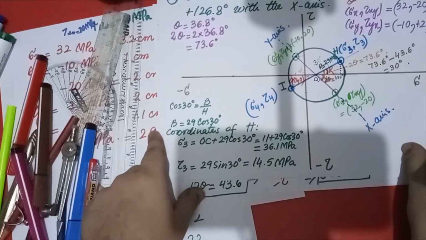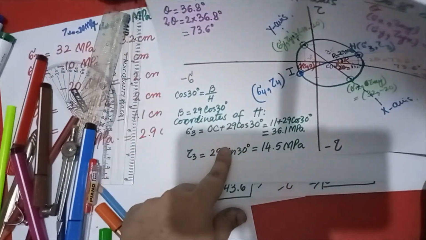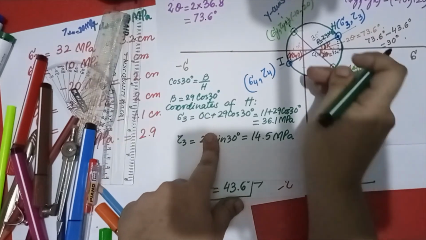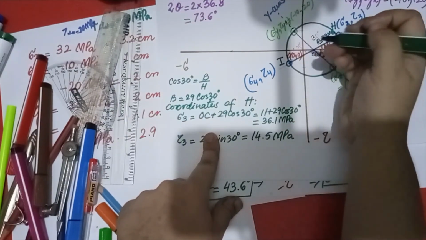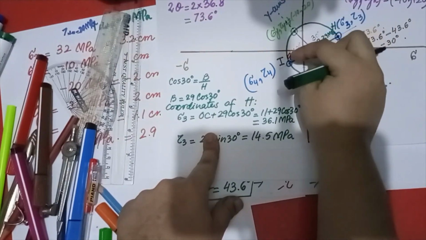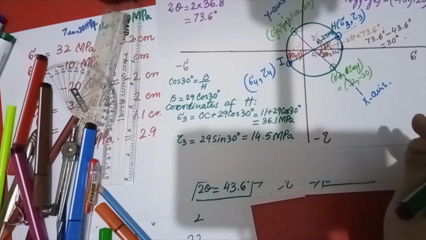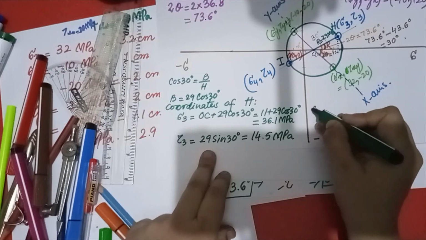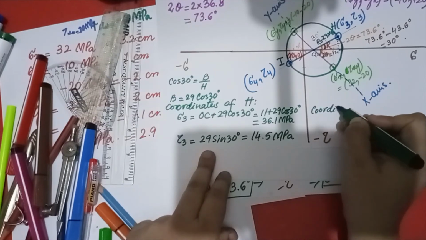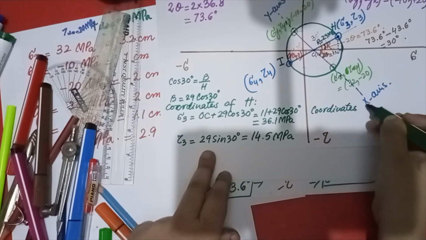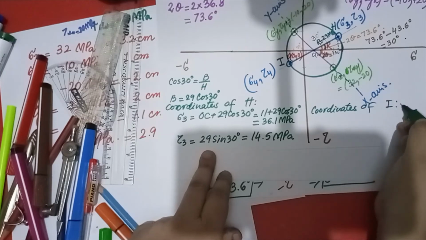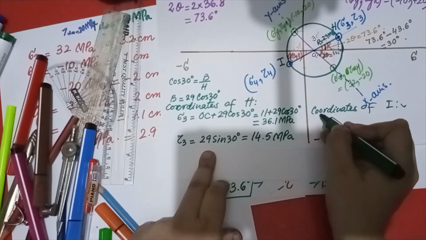Now I am moving towards the coordinates of I. I need to find out this distance. So this is the triangle and this height. How will the coordinates of I be calculated?